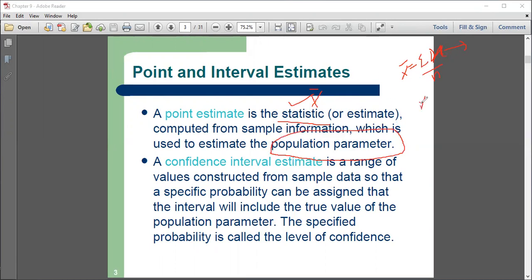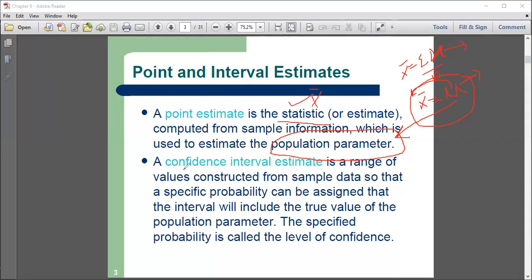If x bar is equal to mu, where mu is the population parameter, it means that x bar is a true, or unbiased, representative of this population. The difference between these two is the error.